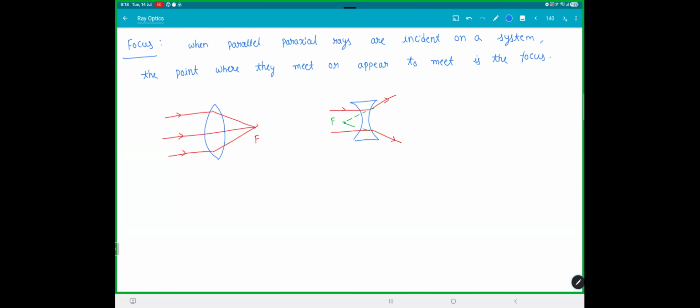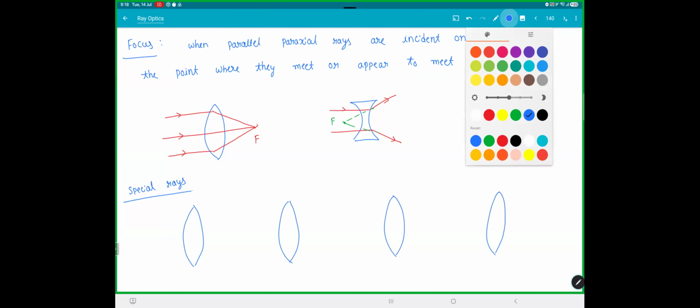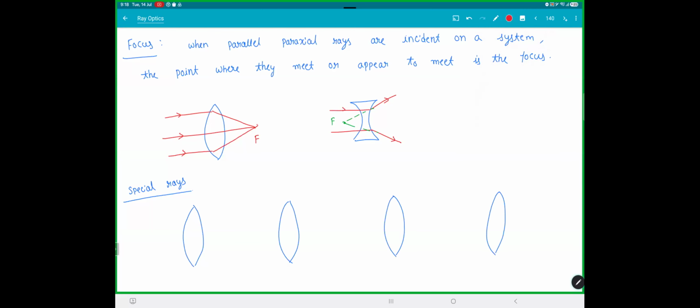In a lens, we have 4 special light rays. If you send a parallel light ray, it passes through the focus. If you send a light ray through the focus, it becomes parallel.